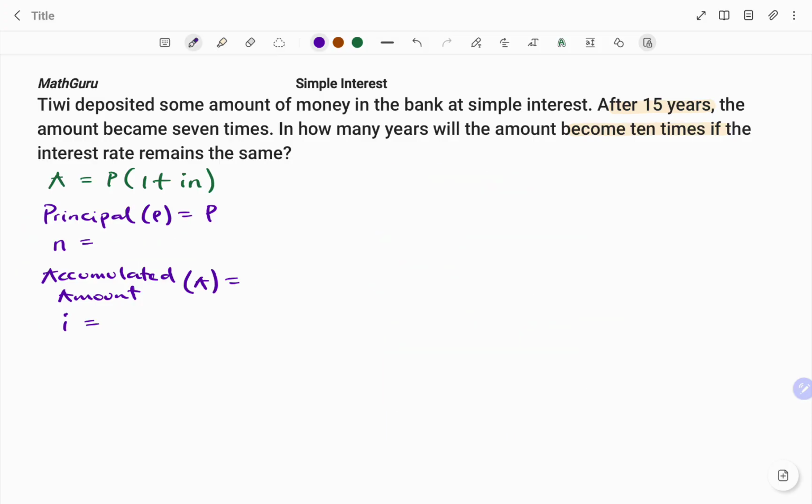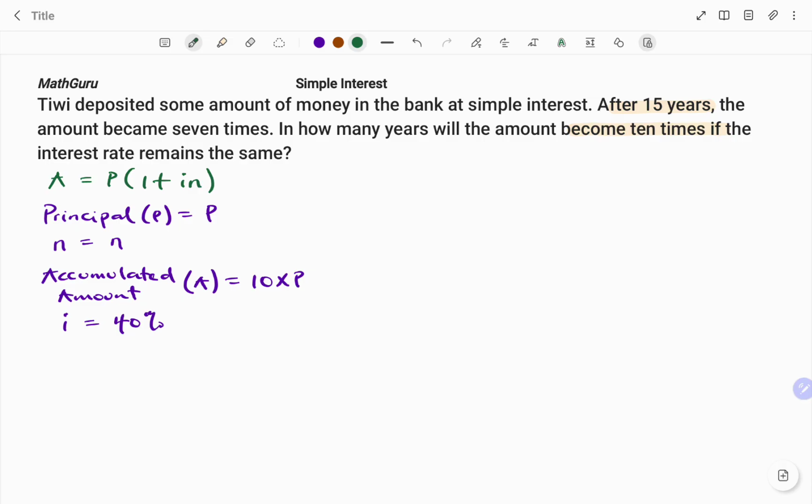So therefore, my principal remains P. My number of years is unknown, so I'm still looking for n. Then the accumulated amount is 10 times my principal, so that is 10 times P. My interest rate remains the same, which is 40%, the amount I got initially.